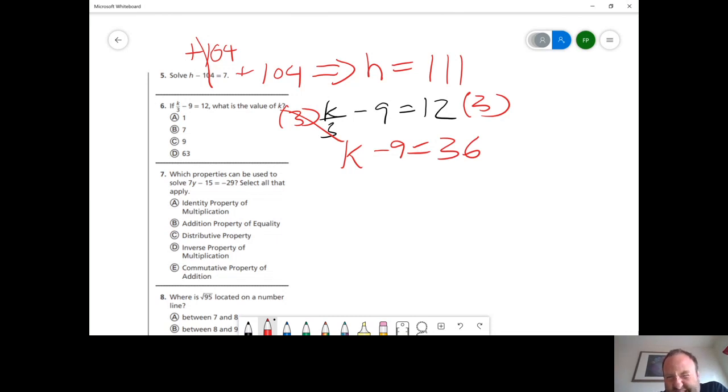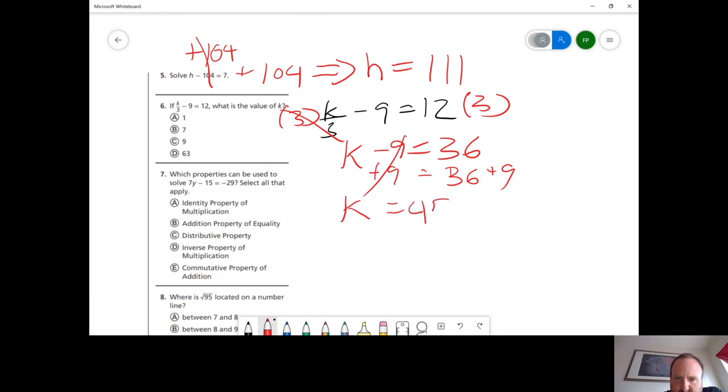And then add 9 to both sides. 36 plus 9 should be 45. So then you have k equals 45.